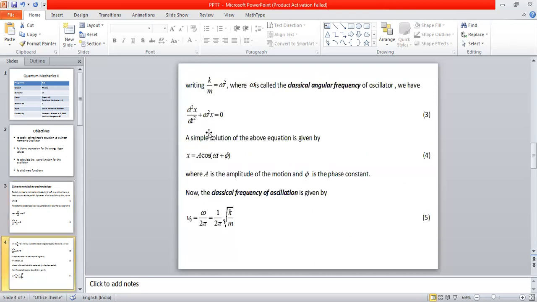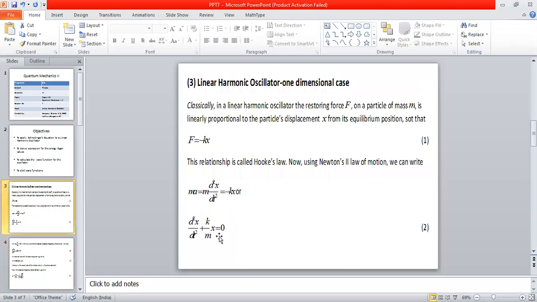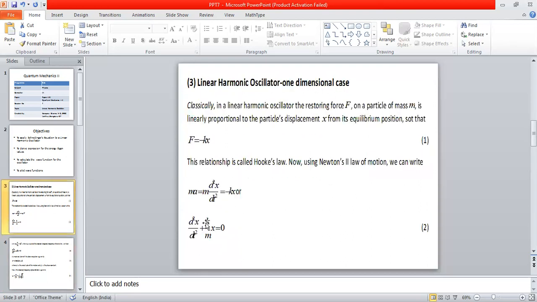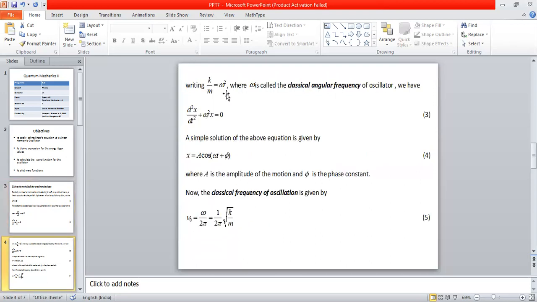Now, in order to solve equation 2, which is a differential equation, we do a certain simplification. In the previous expression, we had the constant k/m for a given linear harmonic oscillator. So we choose this k/m to be something like a constant and write it as ω². This ω is what we call the classical angular frequency of the oscillator.